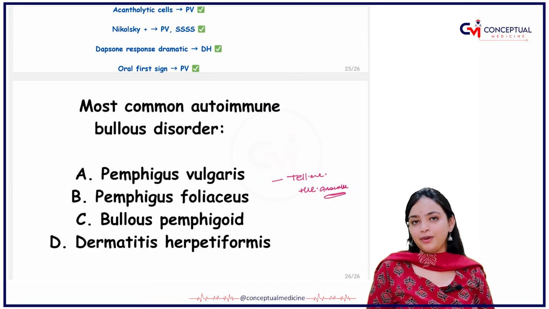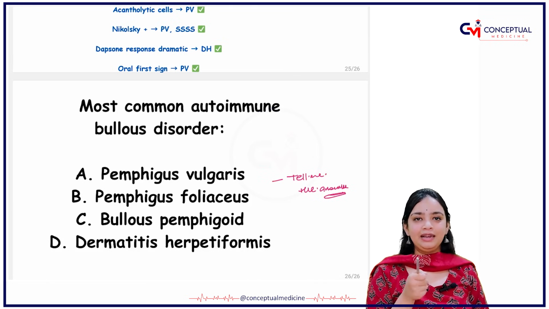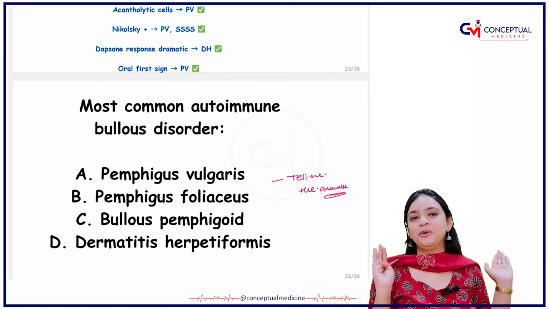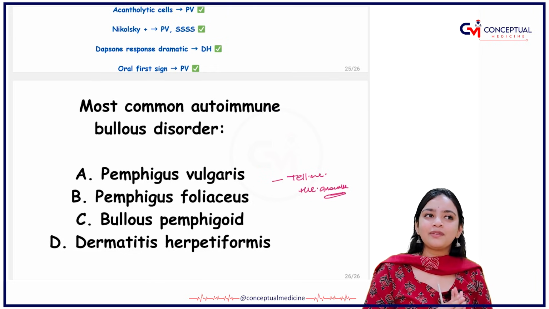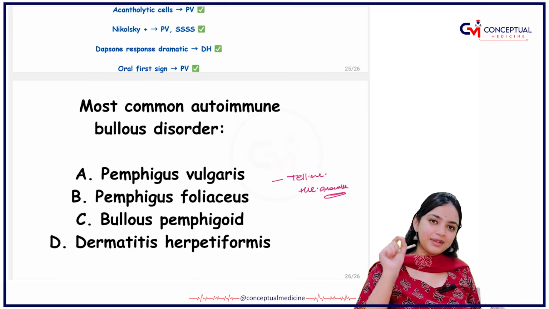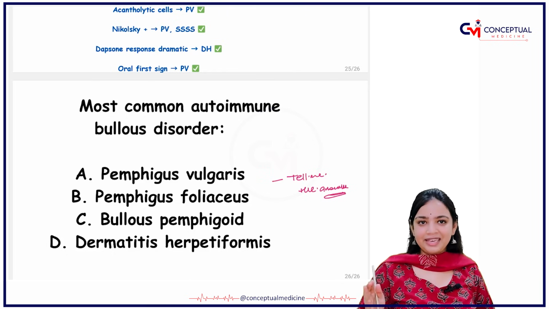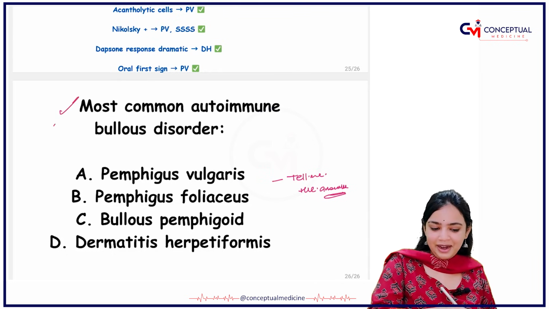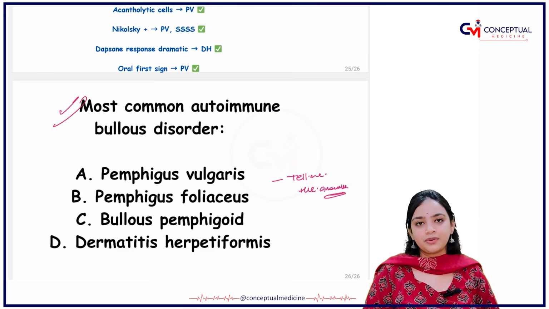This is your homework, okay? You have to find out and tell me what is the answer. I'm not telling you, because whenever we solve a question, I just read the question and tell you the answer, so you are not doing anything. So just make sure you search this question and give me the answer.